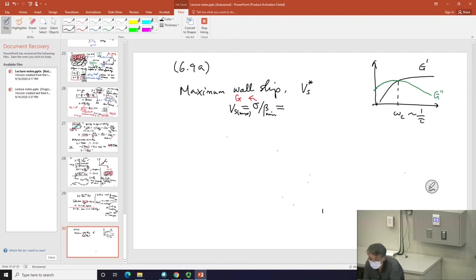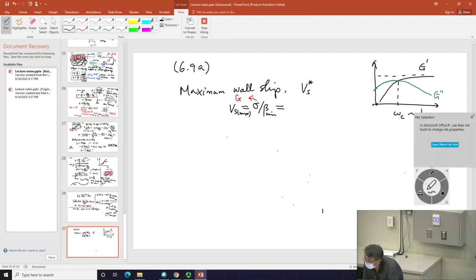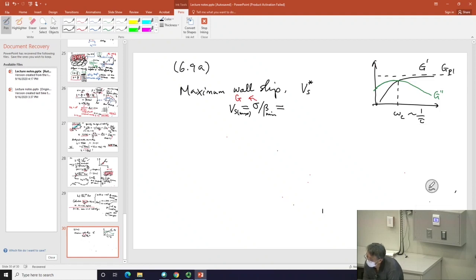The plateau modulus is basically the level where G prime levels off at high frequencies. So I will be able to write this as G plateau modulus, and at the bottom I have beta. Beta minimum is nothing but eta_E.